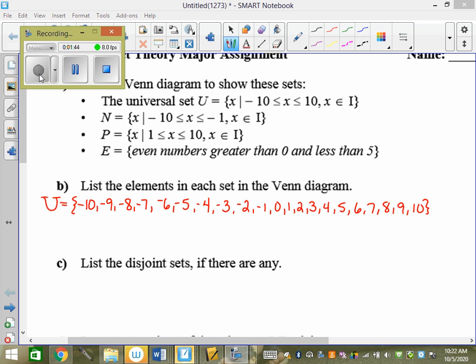Now N is -10 to -1. Integers: -10, -9, -8, -7, -6, -5, -4, -3, -2, -1.